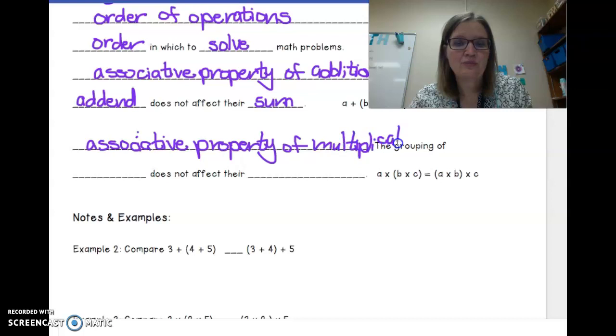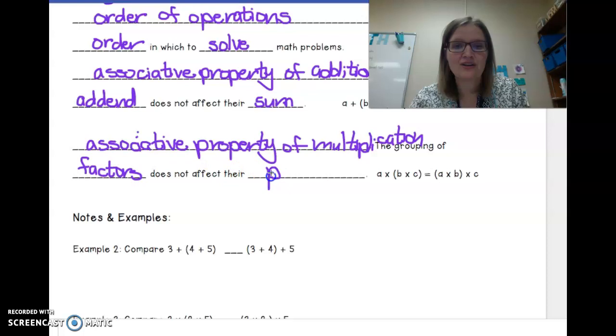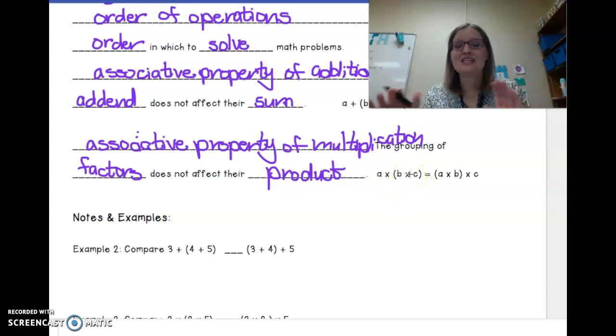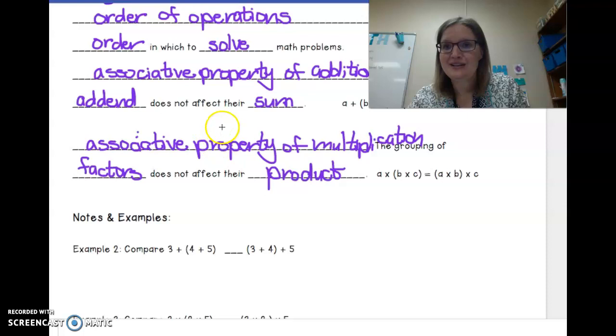It is that the grouping of factors does not affect their product. So if you have A times B times C, you can put it in different parentheses, but you will still get the same number. And that's really handy.